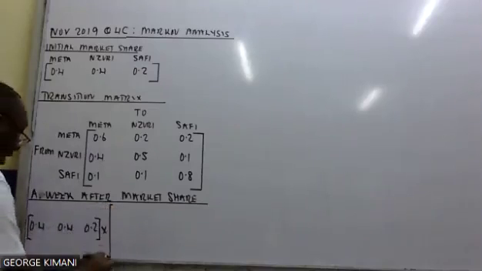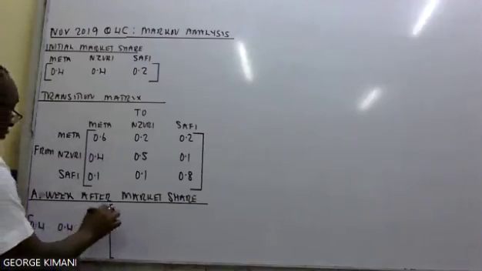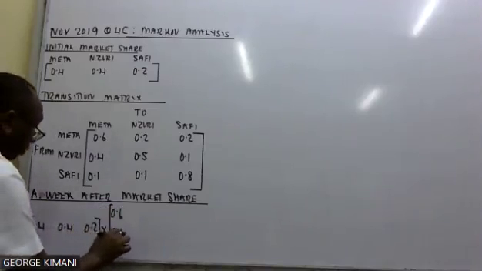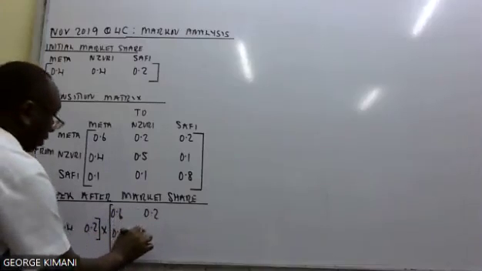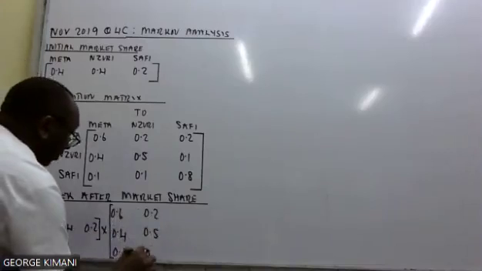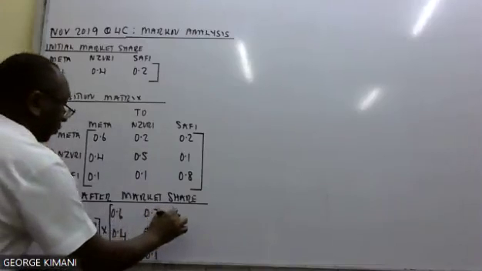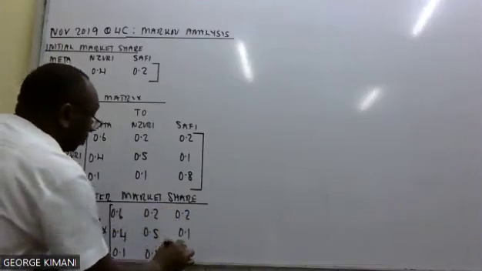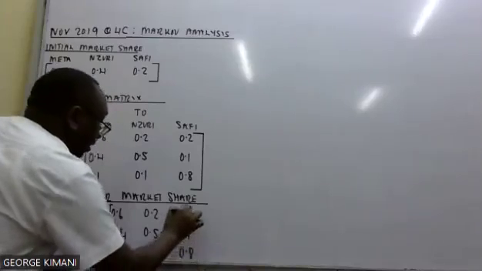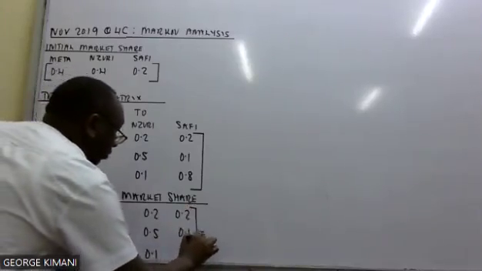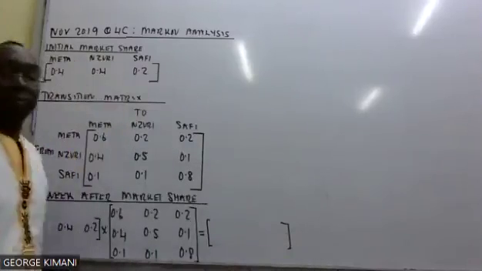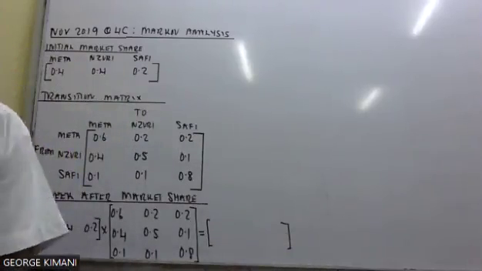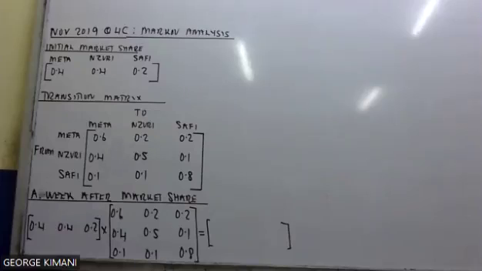You multiply by 0.6, 0.4, and 0.1, 0.2, 0.5, and 0.1, 0.2, 0.1, and 0.8. So multiply and give me the answers.